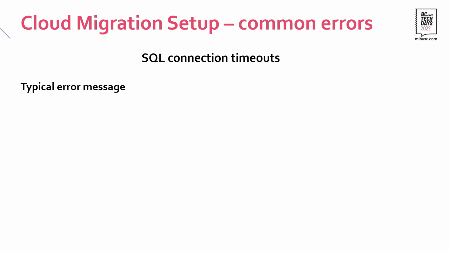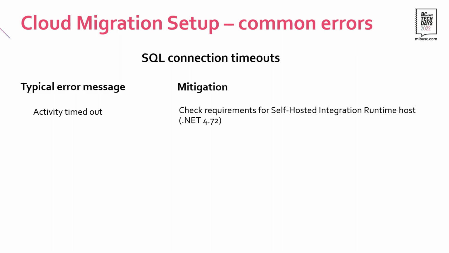We also see SQL timeouts, which then look like an activity timing out in the Azure Data Factory. And mitigation for that is, so there are certain minimum requirements for the self-hosted integration runtime. One of them is also minimum .NET 4.7.2. And we have seen a couple of database query performance optimizations that help in those steps.